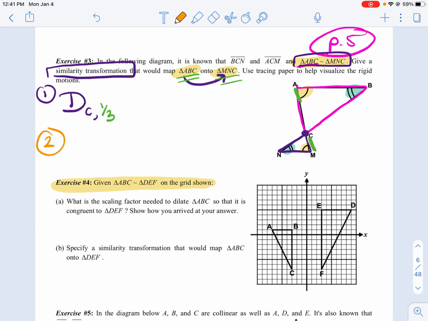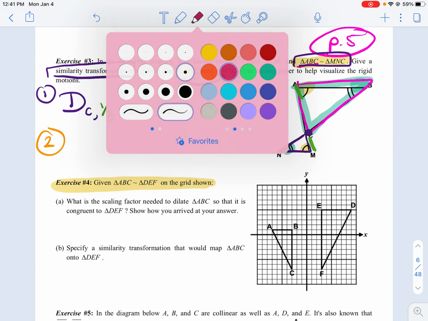And then how are these moving? Well, this is when you might want to remember our good old friends of patty paper, right? So I'm going to take this. How do I get A to match up with M? Well, I'm going to have to take what? And I'm rotating this around. So follow A with me, guys. Right, I put that little green. Maybe I'll make it a different color so you guys can see it better.